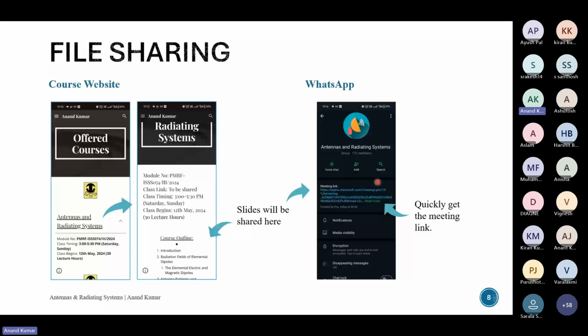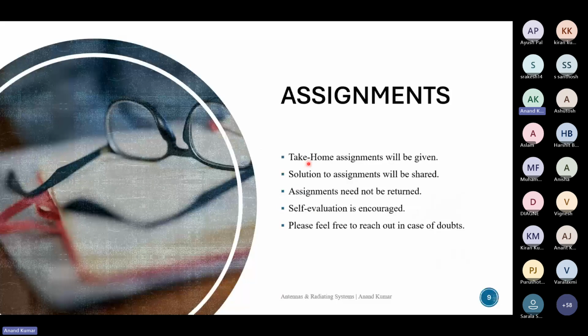Now about the assignments. I'll give some questions which could be from the textbook, or from the problem examples inside the course, like in chapter 11 of D.K. Cheng. I might also refer to other books. The assignments are just meant for you to practice. I'll try to share the solutions.